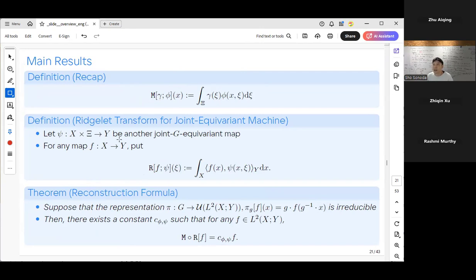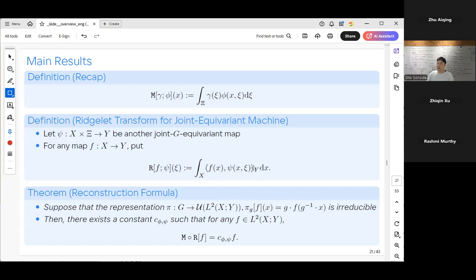So let psi be another joint G-equivariant feature map, and suppose f is an arbitrary mapping from X to Y. Then the Ridgelet transform is given by a scalar product, or similarity, between f(x), the function to be approximated by the machine, and the feature map psi.